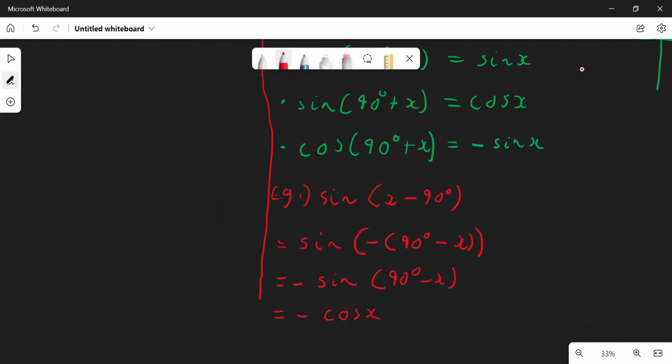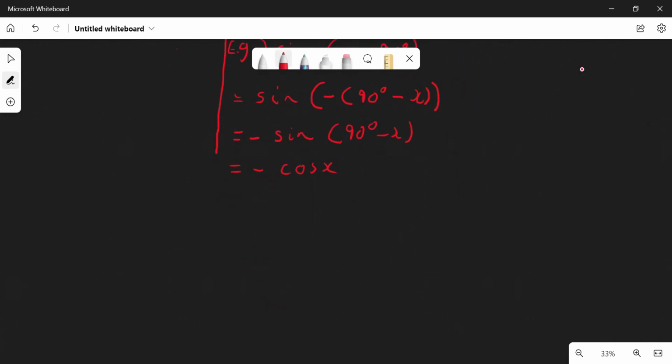So what about cos? How does this work for cos? We'll go to example number 2: cos of x minus 90.